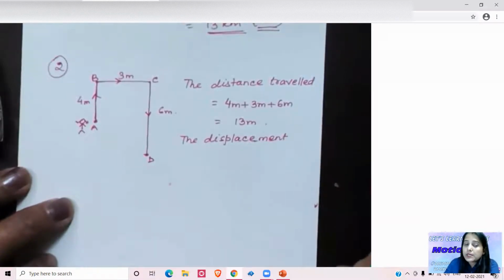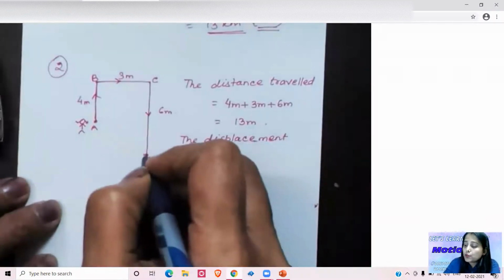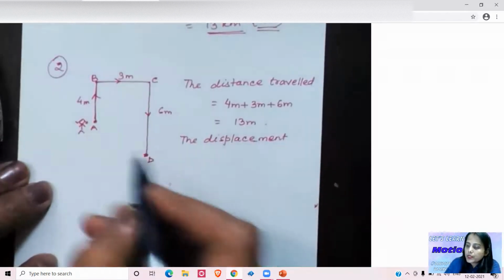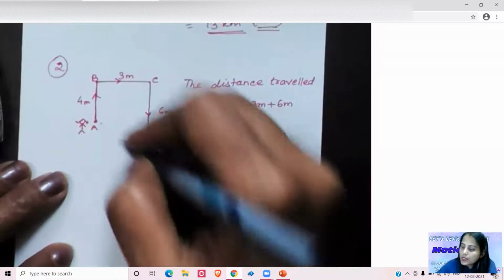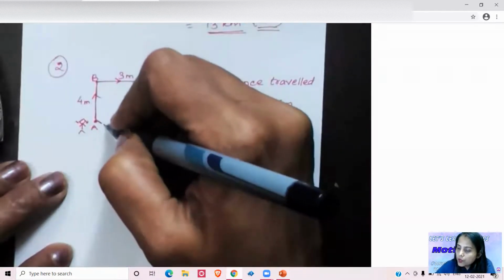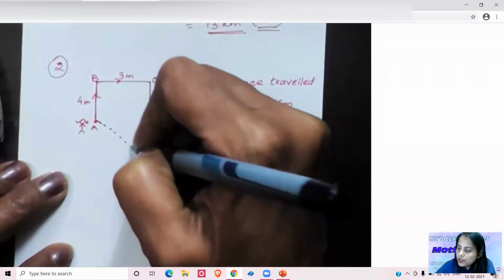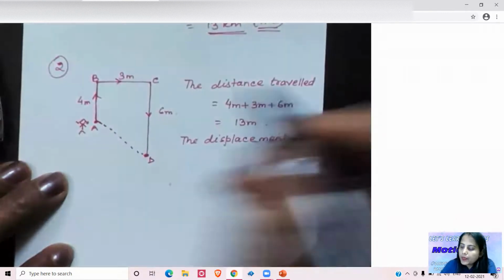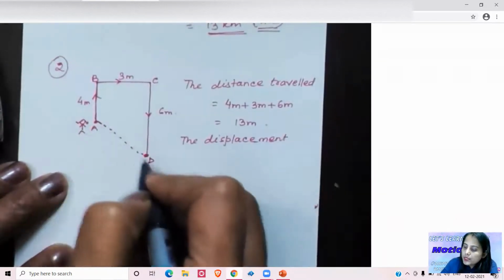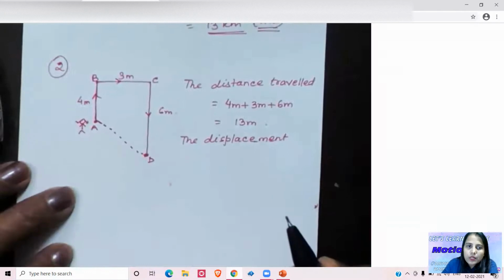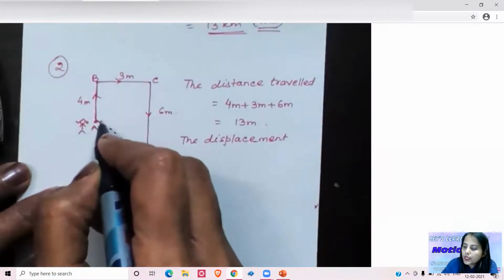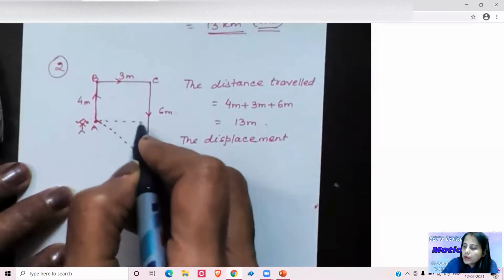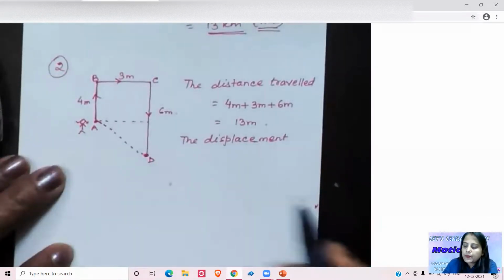Finding out displacement, we have to use simple geometry here. Displacement is nothing but the shortest distance. Now for the shortest distance, what you are going to do? You have to join these two points. To find this side we cannot do it mathematically like this, so we have to take the help of geometry.